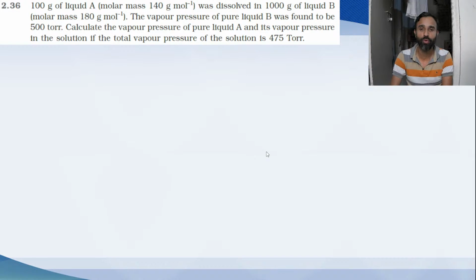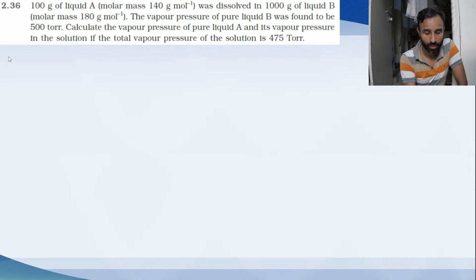Vapor pressure of pure liquid B was found to be 500 Torr. Calculate the vapor pressure of pure liquid A and its vapor pressure in the solution if the total vapor pressure of the solution is 475 Torr.